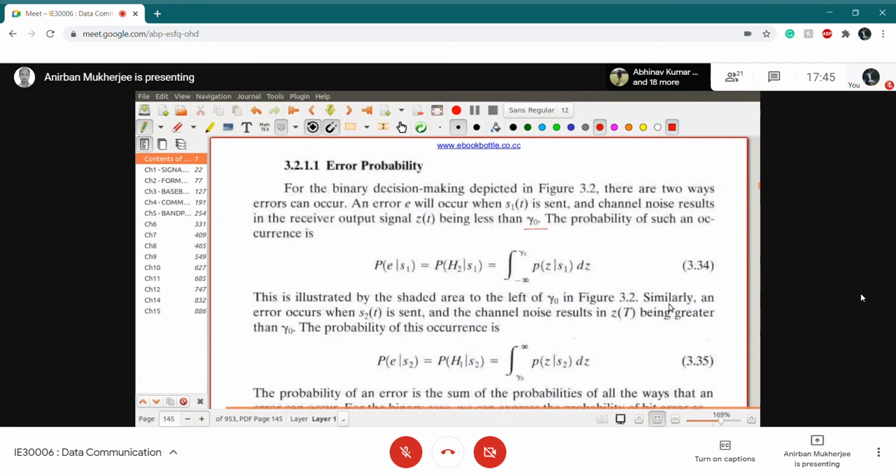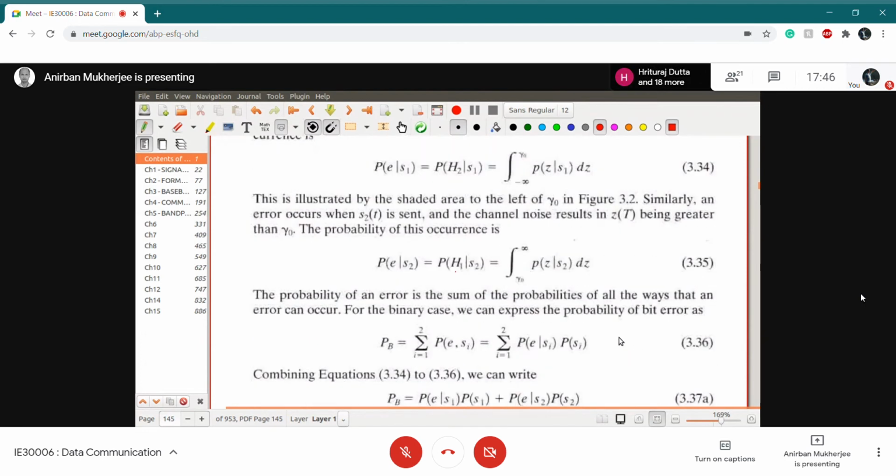That is the probability of Z given S1, dz. Similarly, an error occurs when S2 is sent and channel noise results in Z(T) being greater than gamma 0. The probability of this occurrence, the probability of H1 given S2: actually S2 is sent, but you are choosing H1 depending on your Z(T) value. That is p(z given S2) dz.